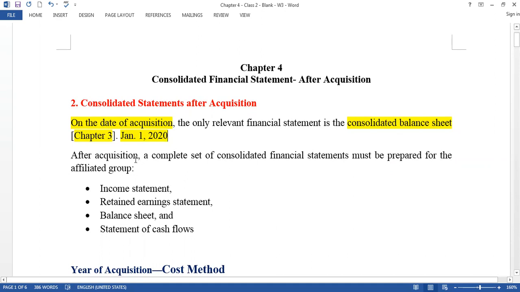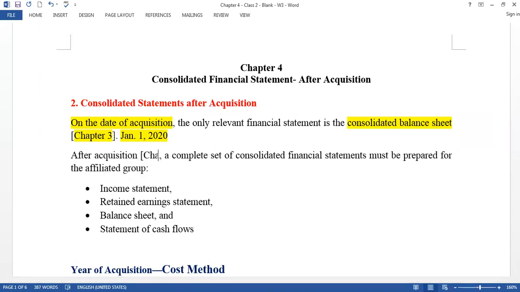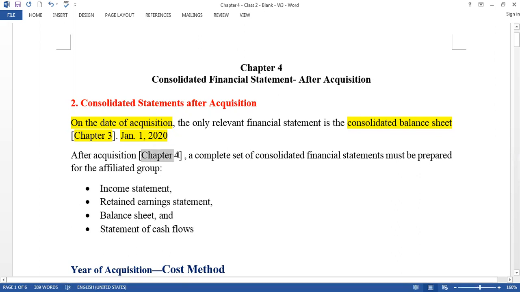Now, after acquisition means we are now in chapter 4. A complete set of consolidated financial statements must be prepared for the affiliated group.